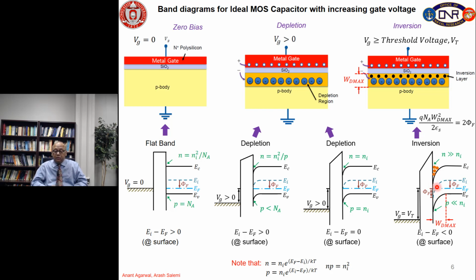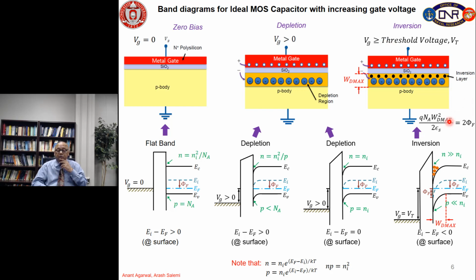So, at this point, the depletion region stops expanding and we call it the maximum depletion width, WD max, and this voltage at which this happens, that means the voltage at which the total band bending is 2 phi f, is called the threshold voltage in a semiconductor.